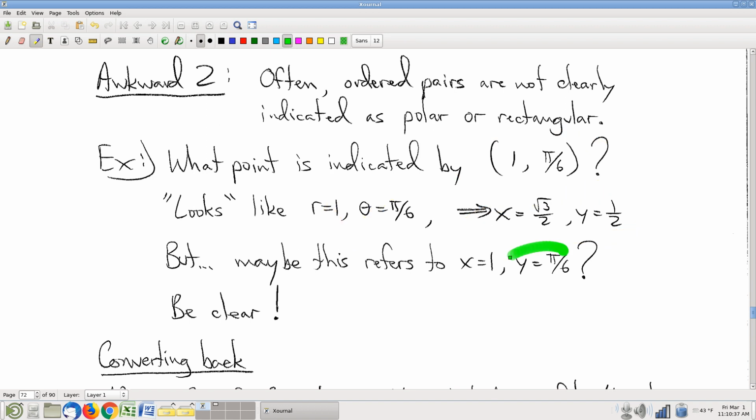Believe it or not, pi over 6 is also a number. That could just as well be a y-coordinate, and this 1 here could just as well be an x-coordinate. This is an actual location. Right? So, heads up. When you see something like this, you've got to really think through about, where did this come from? What are these things actually representing before you just make an assumption about it.